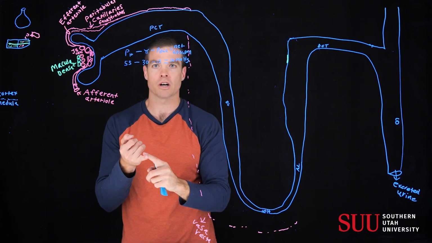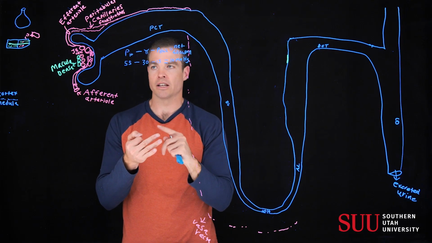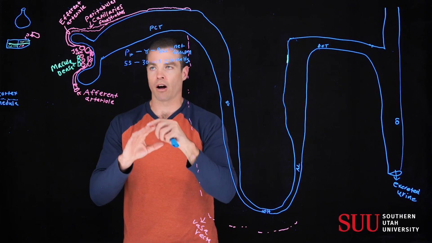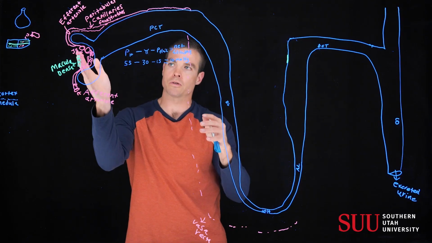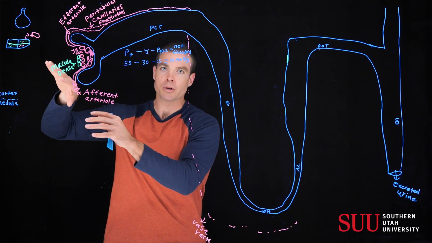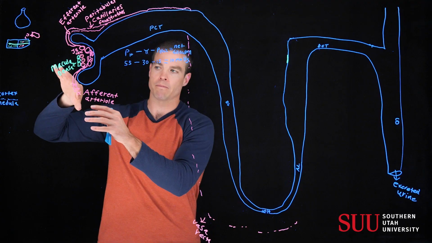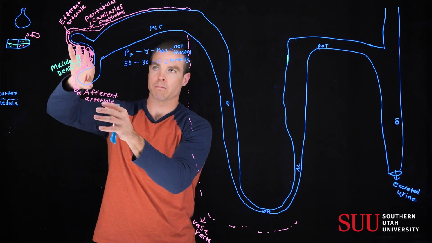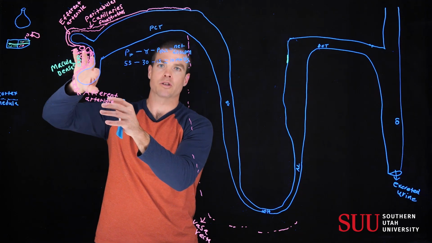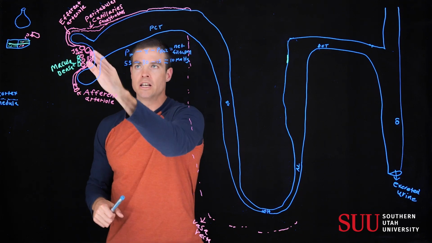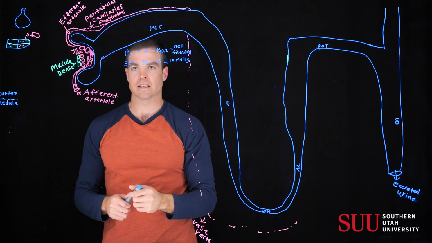So your glucose, your amino acids, all of your ions, you have water. All of these things are going to be coming through the filtration, whereas your bigger things like albumin and other immunoglobulins and so on, they're going to stay in the plasma, and that's going to result in this oncotic pressure. So that's the first stage, the filtration.